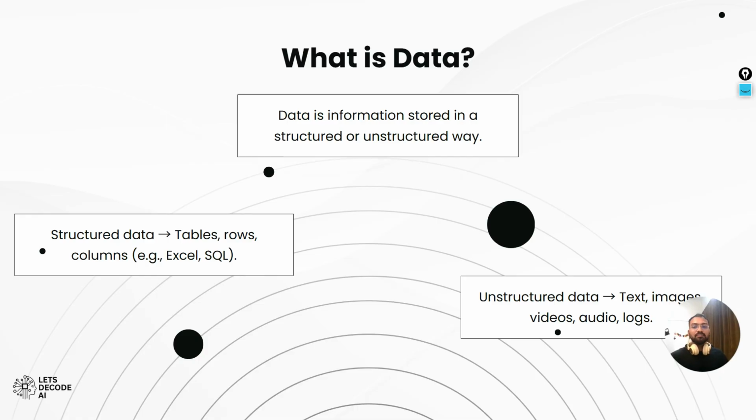So as of now, we will be diving ourselves into the world of structured data, where we'll understand how the structured data is created, how the structured data is stored, and how the structured data is used to extract useful insights from it.